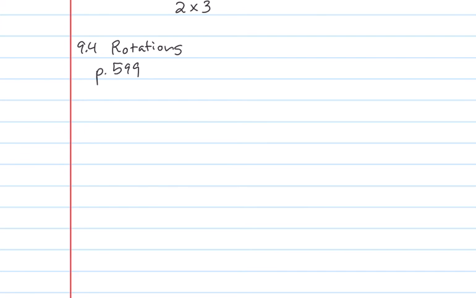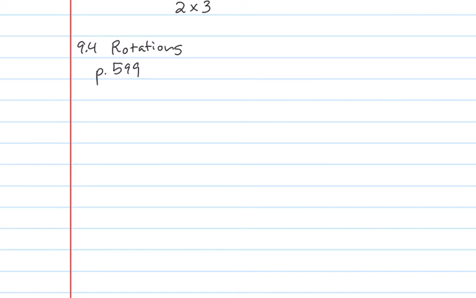And it does say that rotations and reflections are both isometries, so they maintain the integrity of the side lengths and the angle measures as well. So I'm not necessarily going to work out a full example like I did for reflections because it's very similar as far as the rules go.